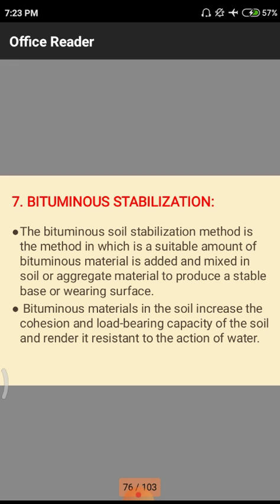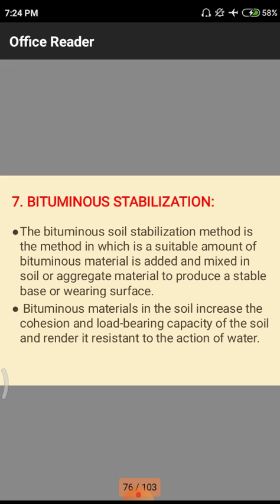So we have to discuss this bitumen stabilization, what steps are involved in the process, what different materials we normally use for stabilization, what are the advantages, what are the disadvantages, in which fields this stabilization should be employed, and in which fields it should not be employed. Those things we have to discuss in today's class.